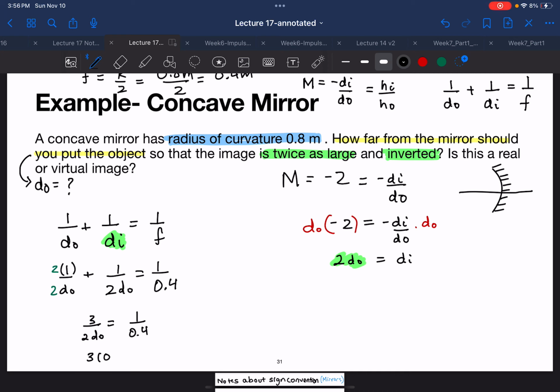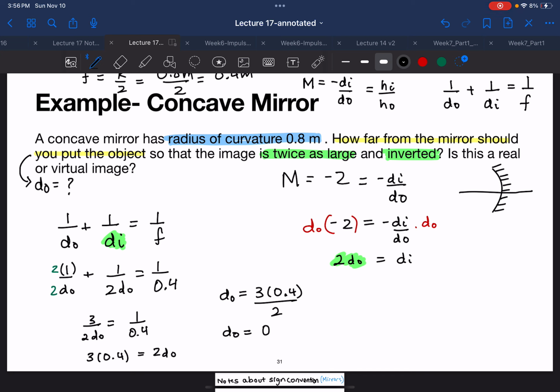You should get 3 times 0.4 is equal to 2 times d0, and that gives us that d0 is equal to 3 times 0.4 all divided by 2. And if we simplify all that, that should give us d0 equals 0.6.